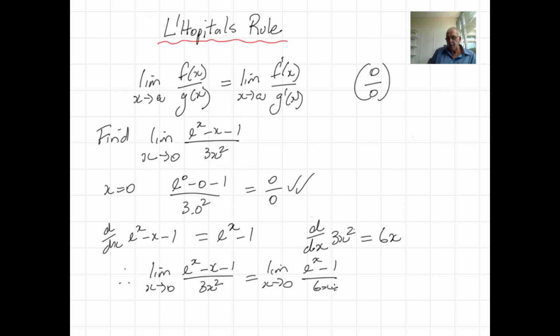That's using L'Hopital's rule. Once again, when we look at that, we've got a 0 over 0 going on. We put x equals 0 in the top, we get 1 minus 1, and we get 0 over 0. So where do we go from there? We can apply L'Hopital's a second time.